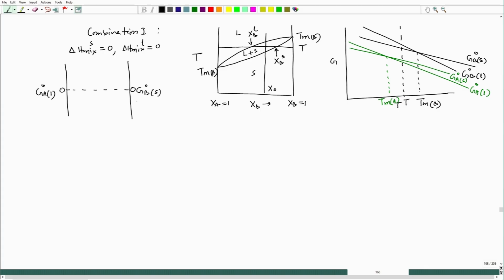These can be taken as reference values to be 0, and correspondingly the position of G A naught solid is kept here for metal A, and for metal B this is G B naught liquid.